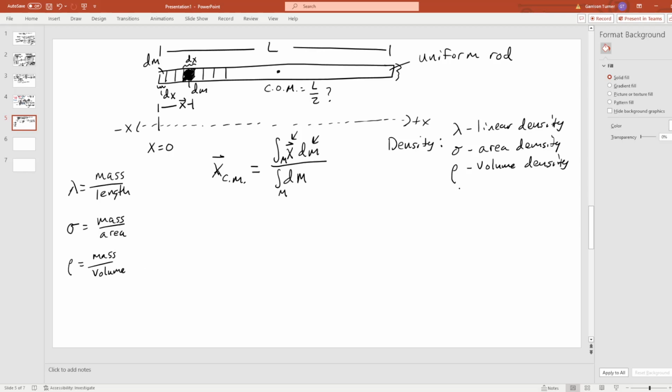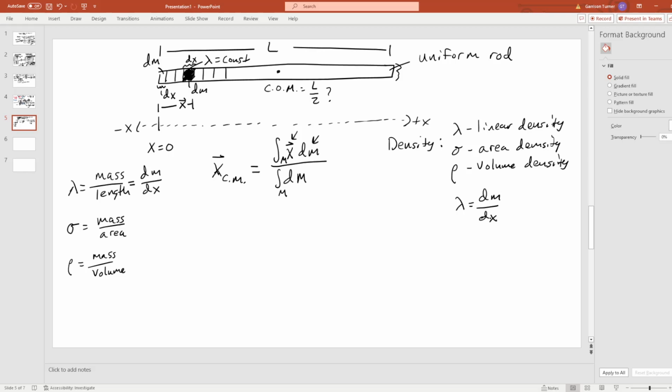So here's what we do with this. If this is a uniform rod, then each little piece has a constant lambda. Lambda is mass per unit length, and each of these little chunks has mass dm per unit length dx. So lambda is equal to dm/dx.